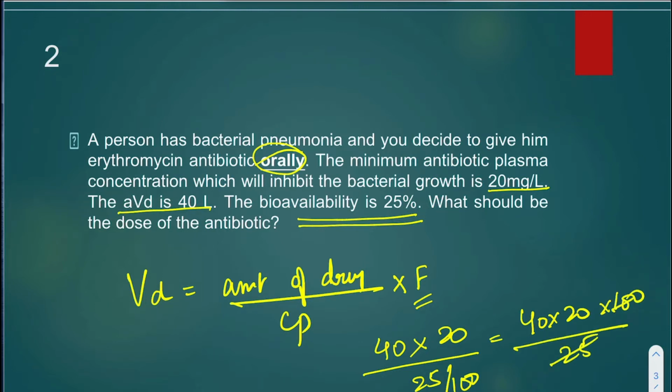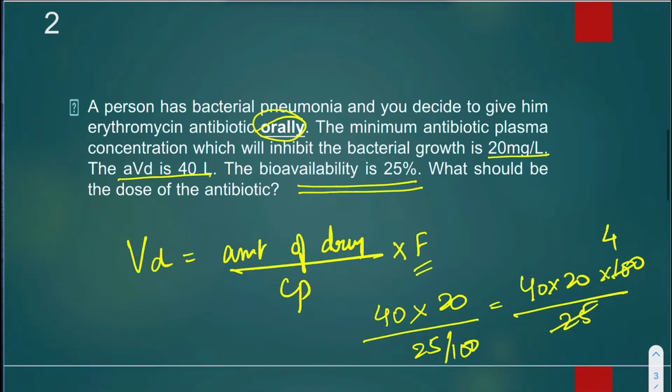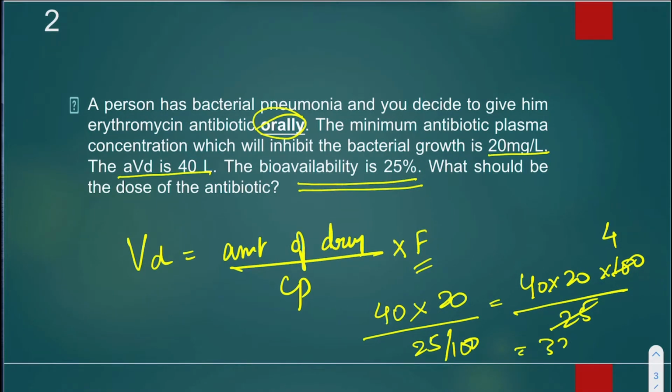So 25 into 4, and this equals 3200 milligrams. So now the dose is 3200 milligrams.